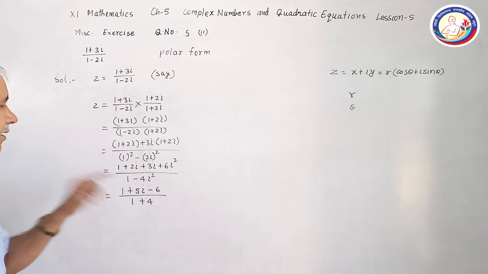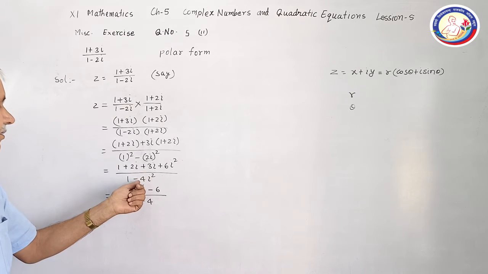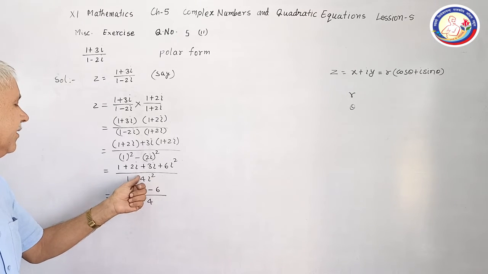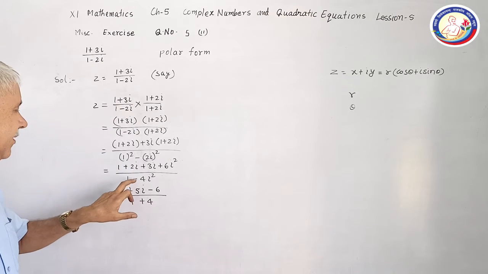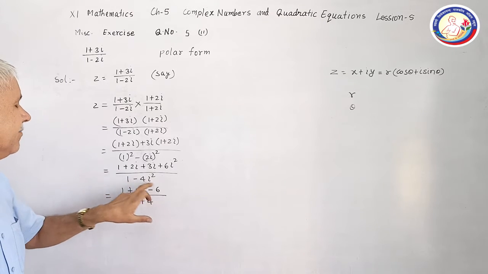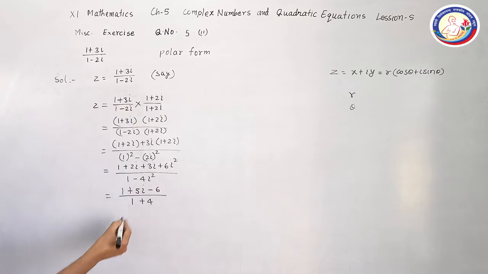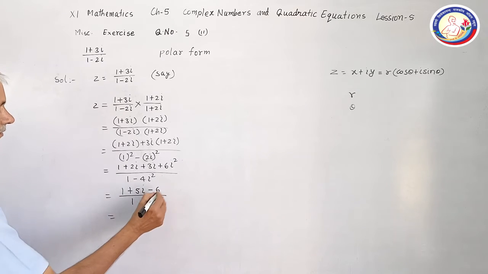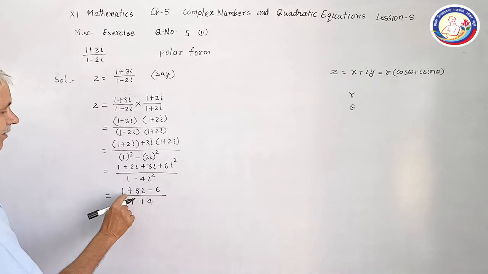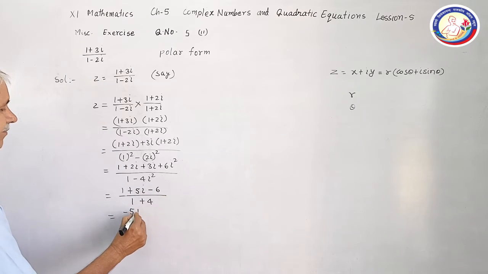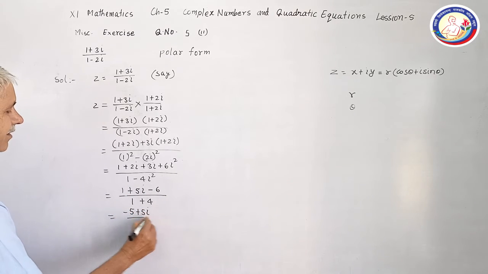Iota square is minus 1, so the sign changes here. It will be plus in place of minus, because minus and minus 1 multiplied gives plus sign. So this is minus 6 plus 1, minus 5, plus 5 iota, divided by 5.